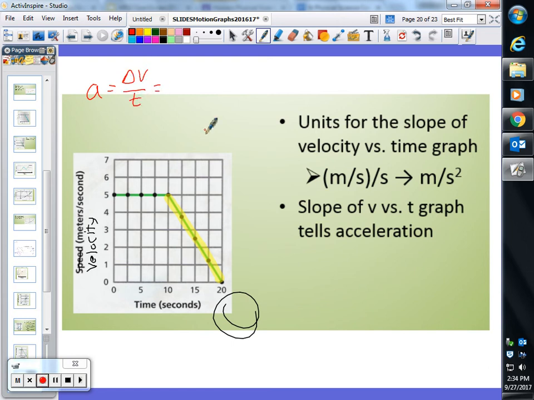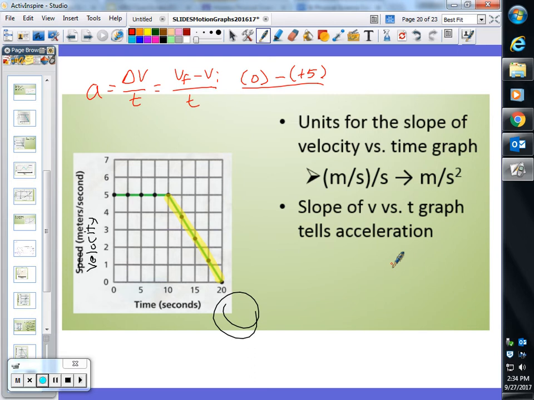All right. What happens to the velocity during the yellow section? It slows down. It goes from what to what? 5 to 0, right? So the final velocity is 0 minus the initial velocity, which was what? Positive 5, right?